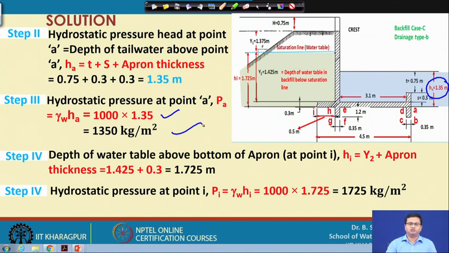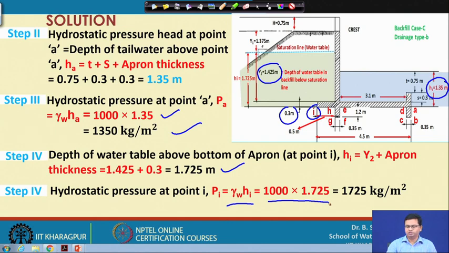Now, our next step is that the depth of water table above point I will be equal to Y2 plus the apron thickness of 0.3. So, we will get 1.725 meter, and the hydrostatic pressure at point I will be equal to gamma W H I, that is 1000 into 1.725.